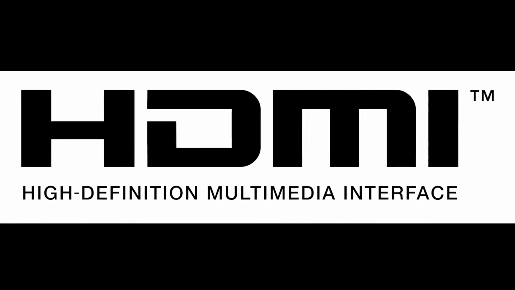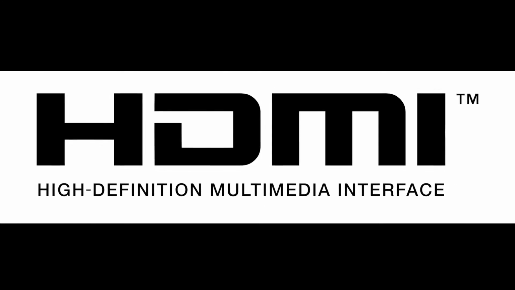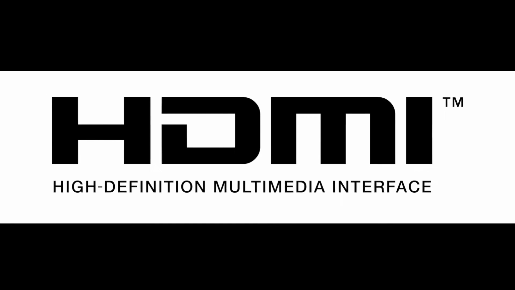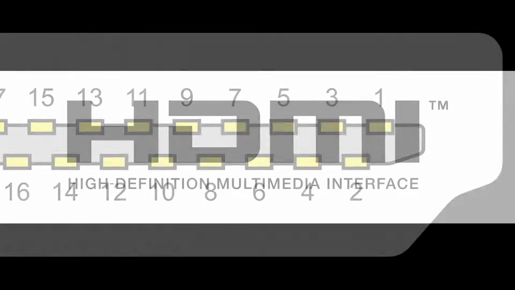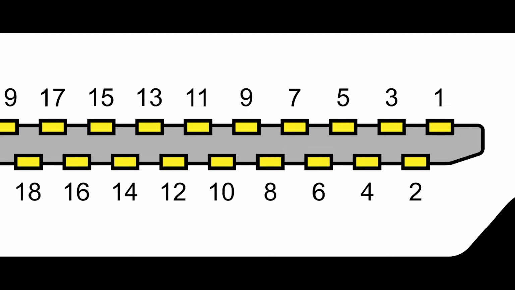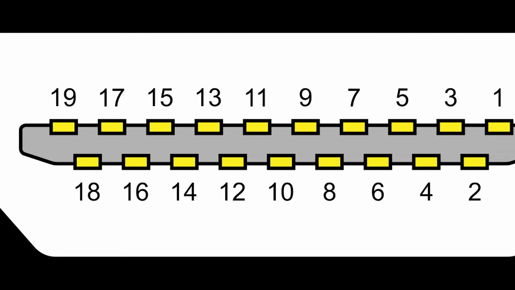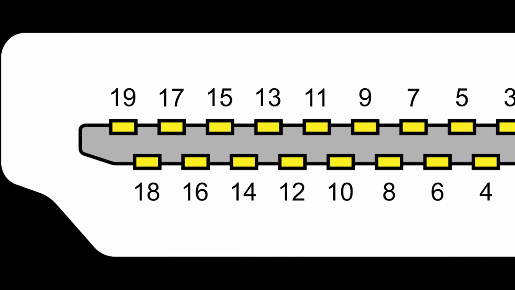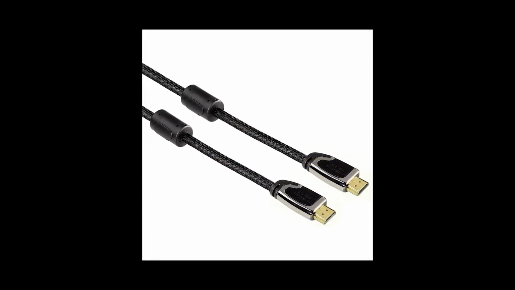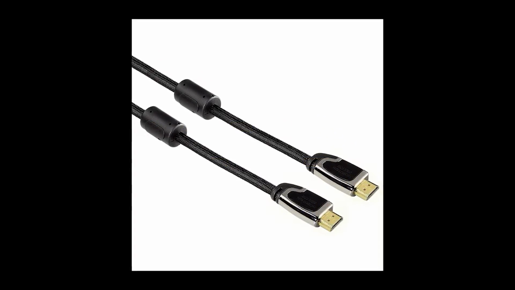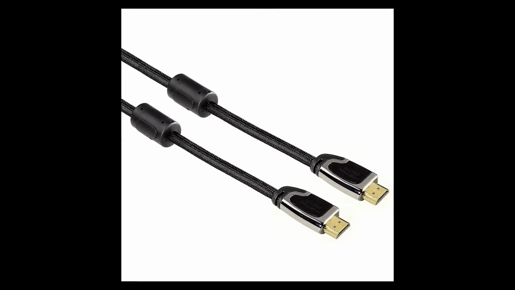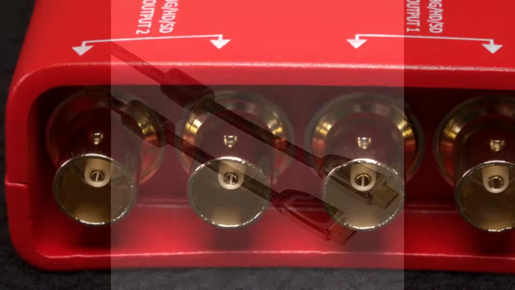HDMI came on the scene in 2003. HDMI, or High Definition Multimedia Interface, is electronically compatible with DVI by design. In fact, HDMI is basically DVI with a channel for audio included. Eventually, HDMI 2.0 would support 4K resolutions at 60 FPS.